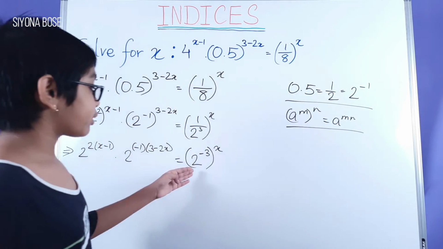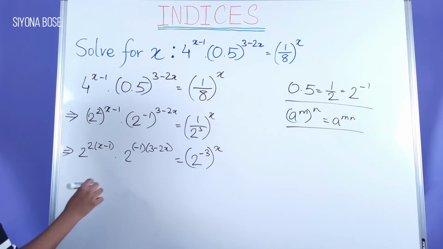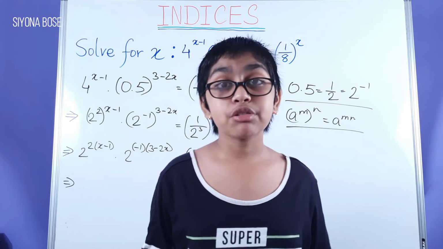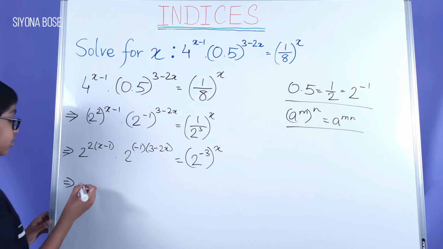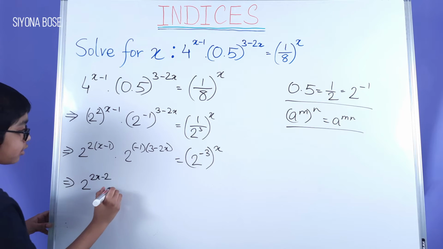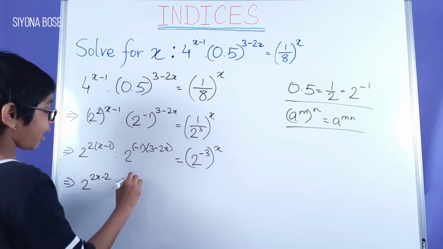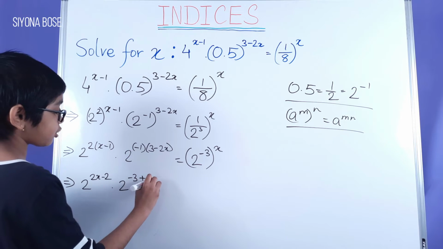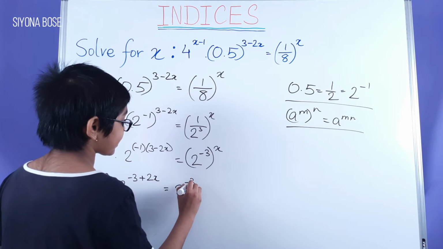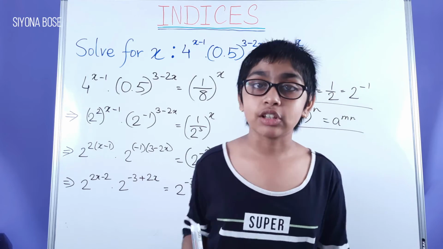Now, in the next step, we will apply the same identity. This implies 2^(2x-2) into 2^(-3+2x) equal to 2^(-3x). Over here again, let's take a look.